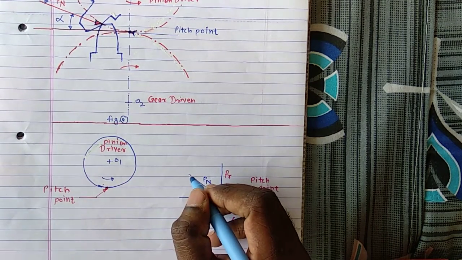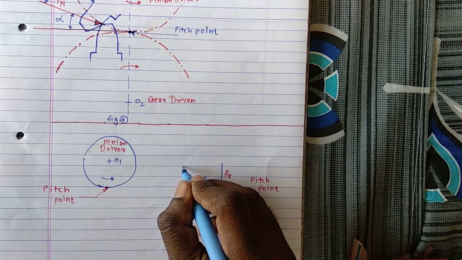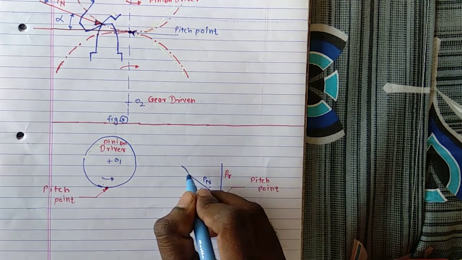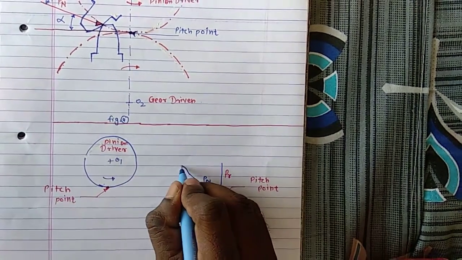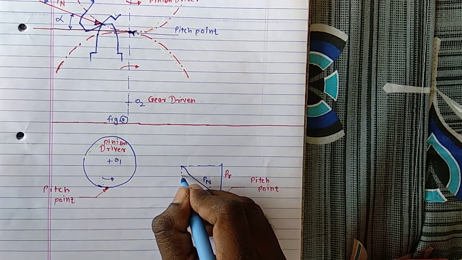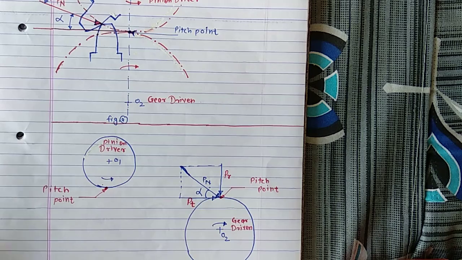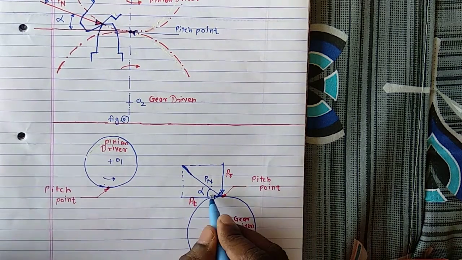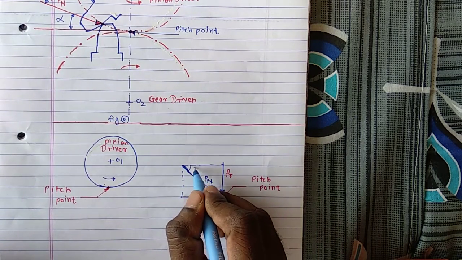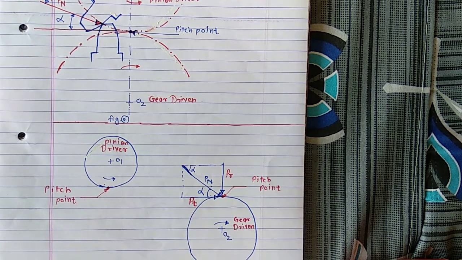So we have shown the forces like this. This angle is alpha, and we know that this angle will also become alpha, as these are the forces exerted by the pinion on the gear.